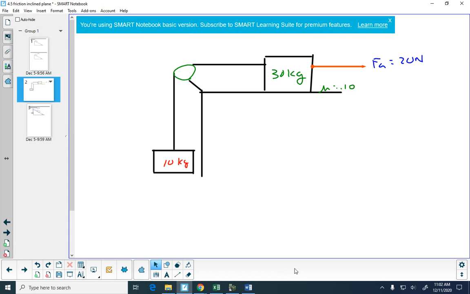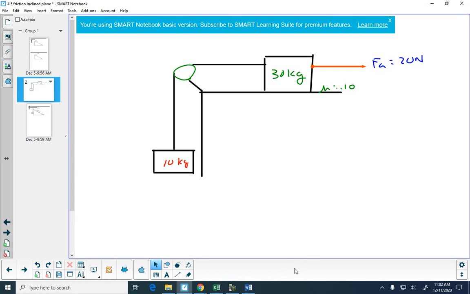Ask you to do some problems. I'm going to go to the last one, and calculate the net force and acceleration of the object. Which direction is the object moving? The problem is we don't know which direction the object is moving here. We have a force applied going to the right, but we have this mass also that's pulling downwards.